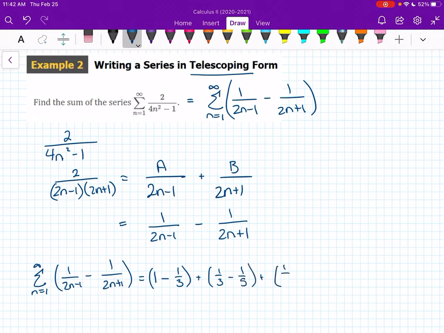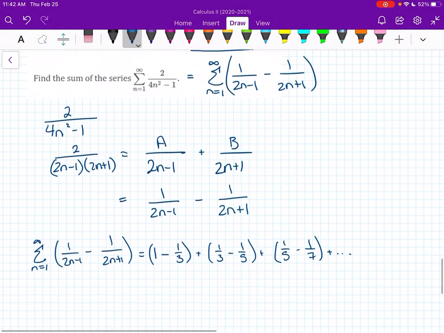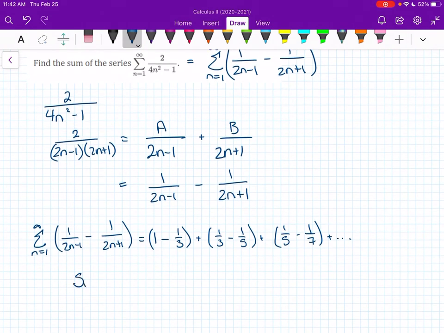And then my next one is going to be a fifth minus a seventh, and so on and so forth. And so what I get here when I think about my s sub n, I am basically going to have the 1 minus, and then whatever is left. So that term right there is going to be this term right here, right? It's just the last term within my sum, which is 1 over 2n plus 1.